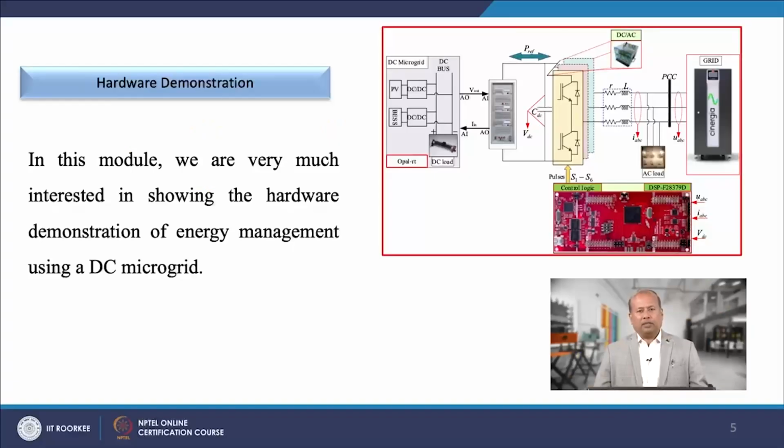In this hardware test bed, the DC microgrid is emulated through the Opal RT, which forms a DC bus. The emulation of the DC microgrid will be shown in the later part of this video.